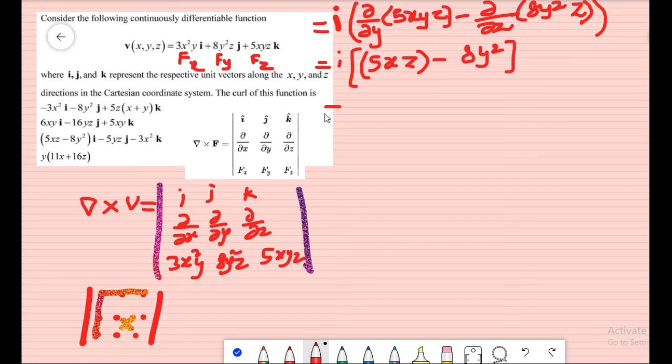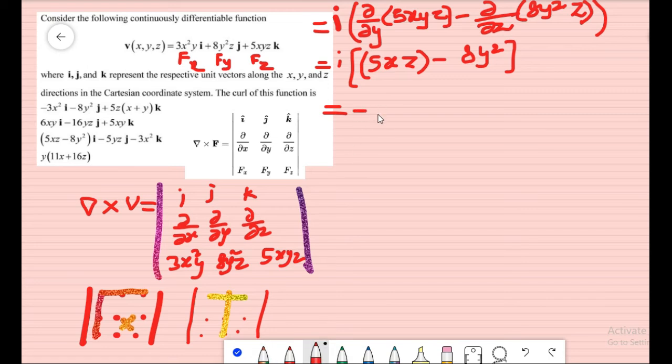Then we'll move to the second term. For finding the second term in the determinant, consider again 3 rows and 3 columns. So you want the second term. So cross the second row and the first row and the second column. Then the remaining 4 terms you have to consider.